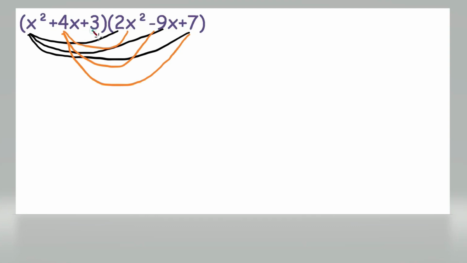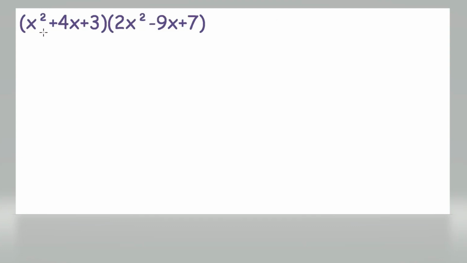Gulo pa rin pala. Wait, sorry. Delete ko na lang. Ito na lang. X. Yan. Tapos yan. So, ito muna. Para malinis tingnan. So, x squared nakamultiply sa 2x squared. So, from observation ay same variables siya.